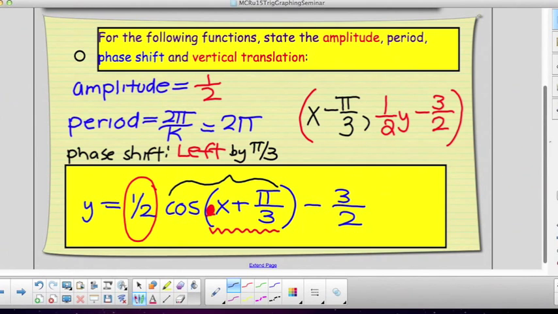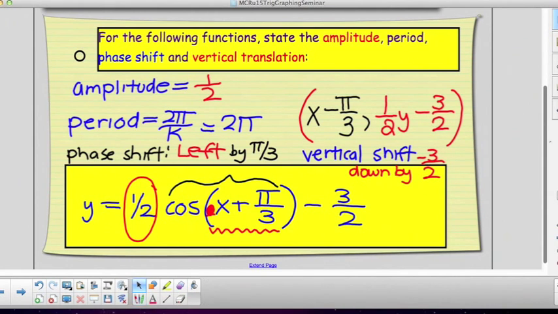And your vertical transformation, vertical shift, is going to be down by 3 over 2 units. Okay. So that is all the information that we were able to extract from that one equation. That was a little bit more simple because we didn't have to factor anything out.